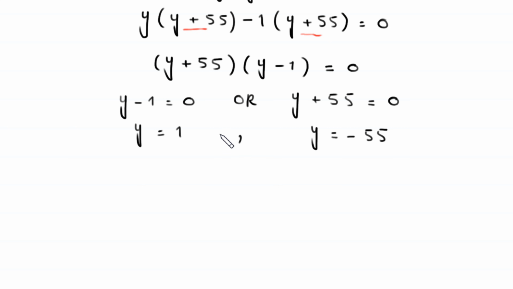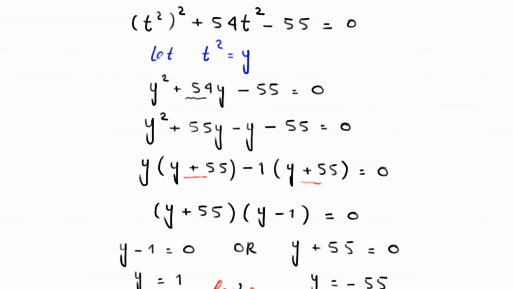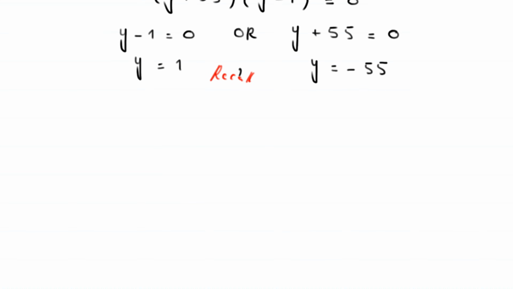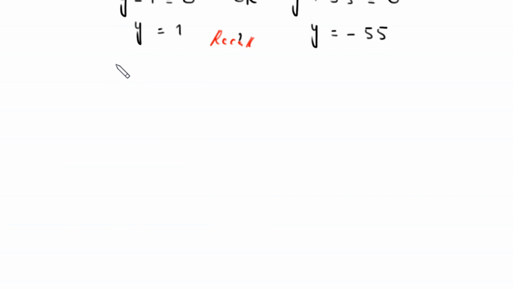Now recall that we have supposed that t squared is equal to y. When y is 1, then this will become t squared is equal to 1, and we take square root of both sides.